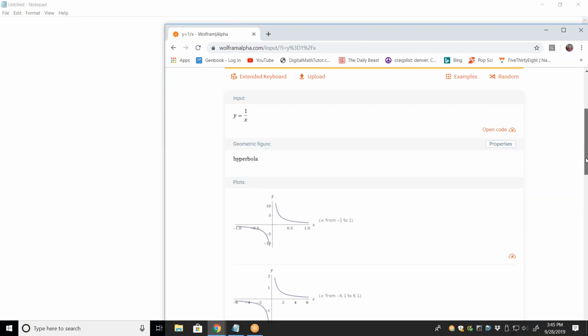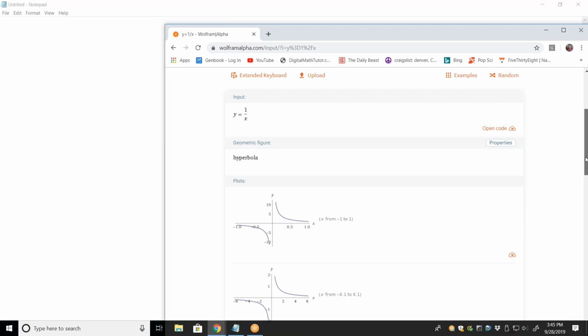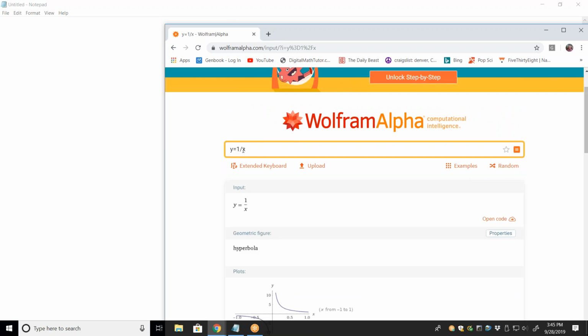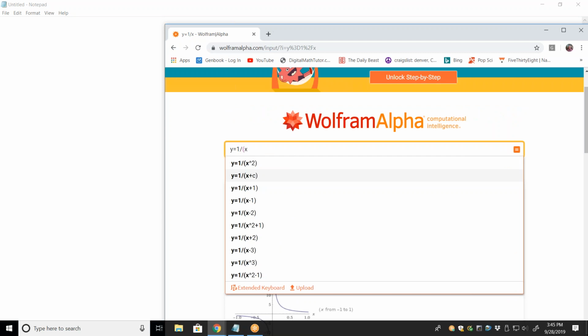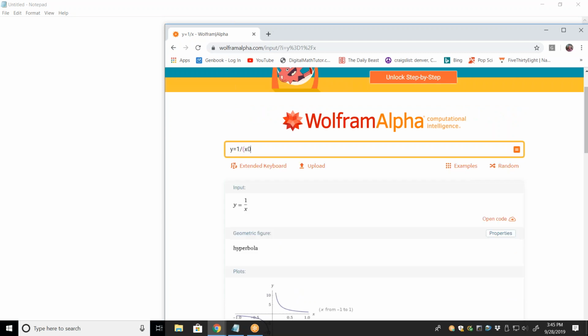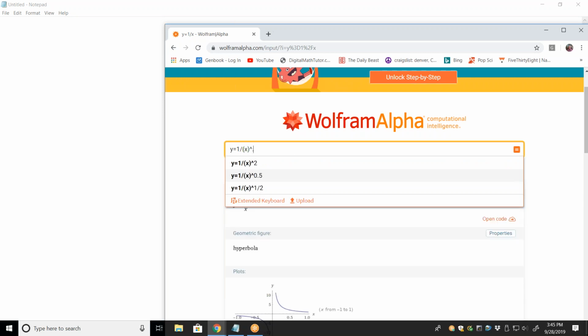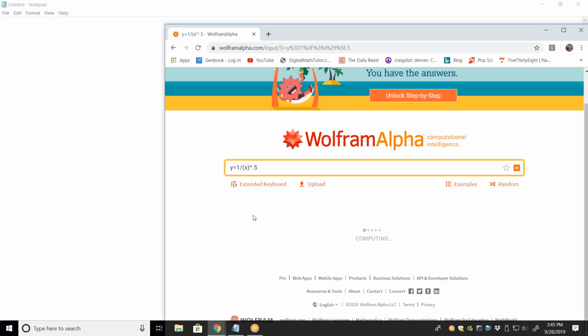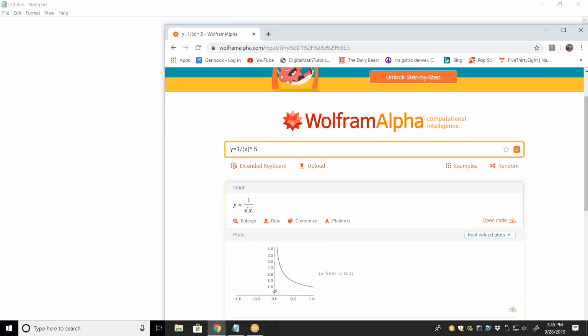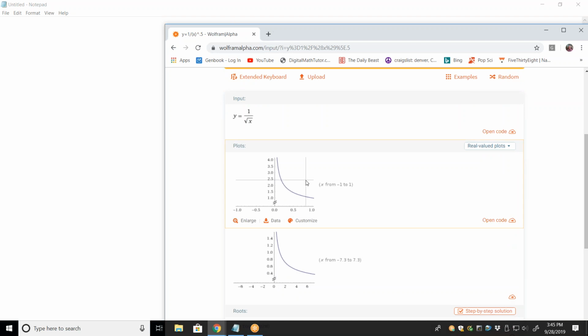That thing can be translated, okay? But we don't need to yet. But now let's put in 1 over the square root of x. Again, notice it shows me what I put in, and it only gives me the upper right quadrant of that hyperbolic function.